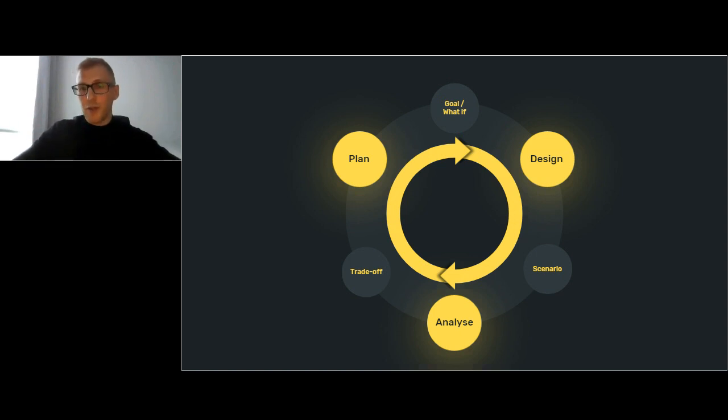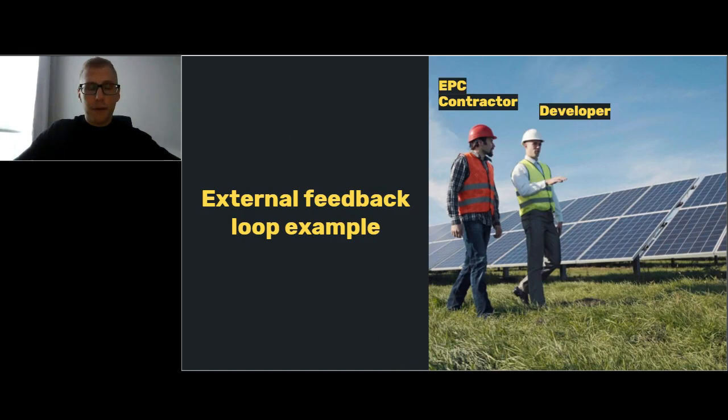In that case, the solar design feedback loop refers to analyzing PV farm layout metrics to create a better layout. So you basically analyze a layout to create a better layout, to come up with new ideas or with new requests or with new goals. So let's go further. And we're going to talk first of all about the external loop, which happens between the EPC contractor and developer.